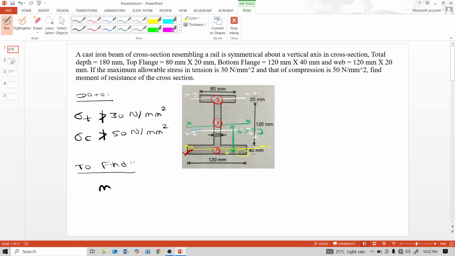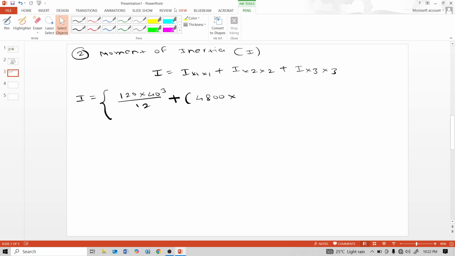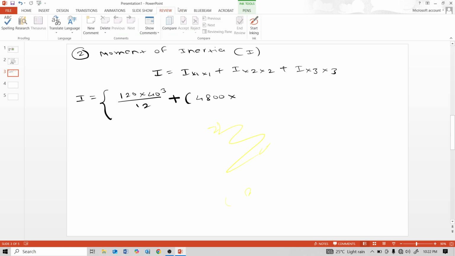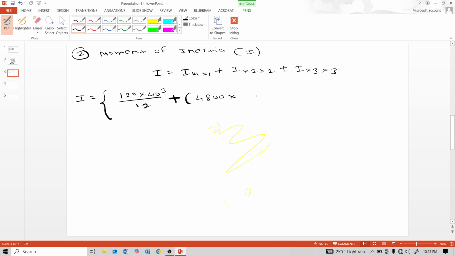That means the distance is 49.09 mm. So 49.09 square.